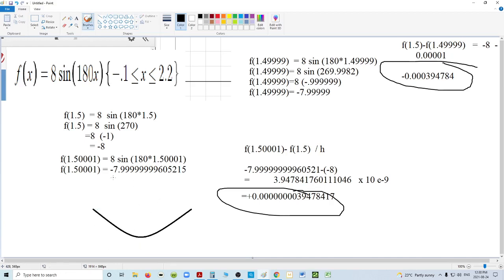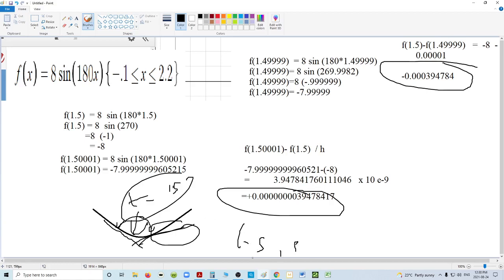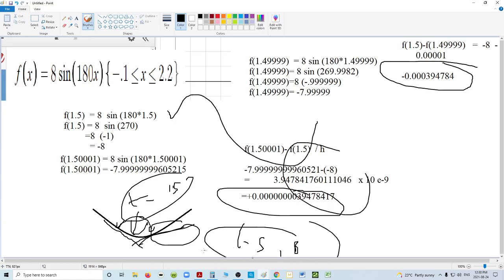Which means when time is equal to 1.5, that is indeed the minimum value, because time just to the left and right of it produces a rate of change that is negative and close to 0, and on the right of it positive and close to 0, which means that 1.5, -8 is almost certainly the minimum, which we already proved from our knowledge of graphs.